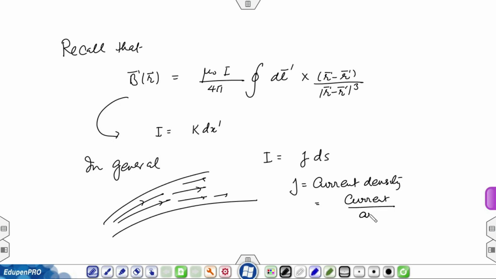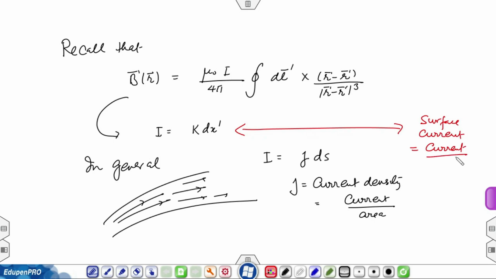which is equal to current per unit area. And just to connect with what we did in the previous lecture, there I had surface current, which was equal to current per unit length. Just like we had charge density and surface charge density, here we have current density and surface current density, which is current per unit length.